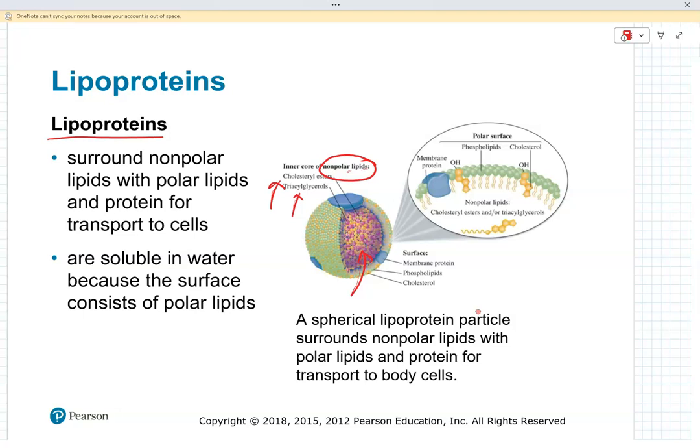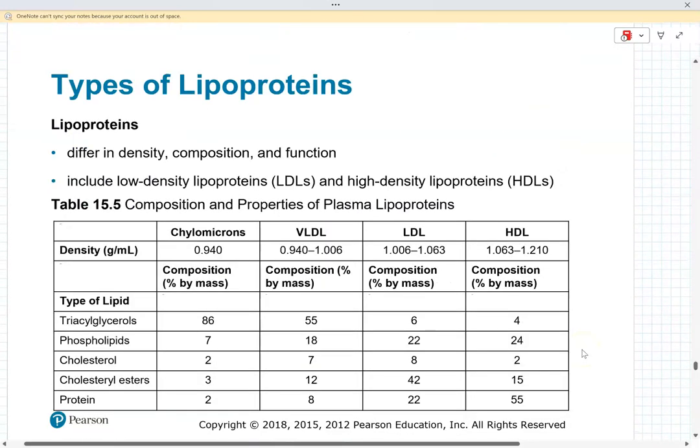And they are surrounded on the surface by proteins, which are polar, and phospholipids, which have a polar part that sticks out, so there are polar heads, and cholesterol, which is incorporated there. So basically, you have a two-phased structure. The surface is polar, and the core is nonpolar.